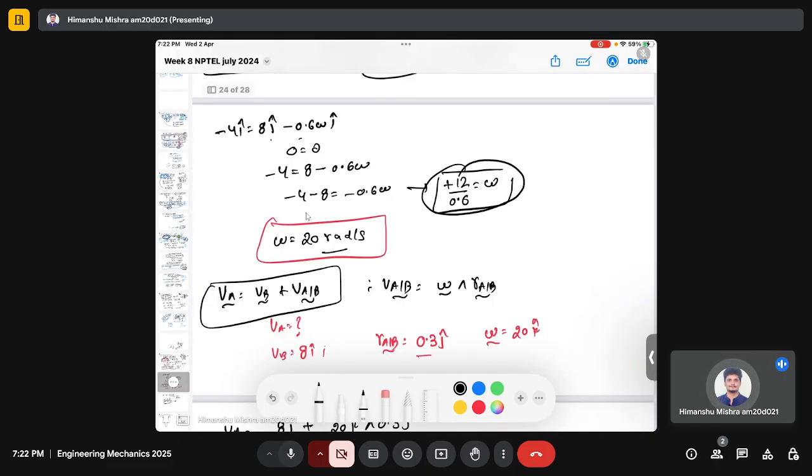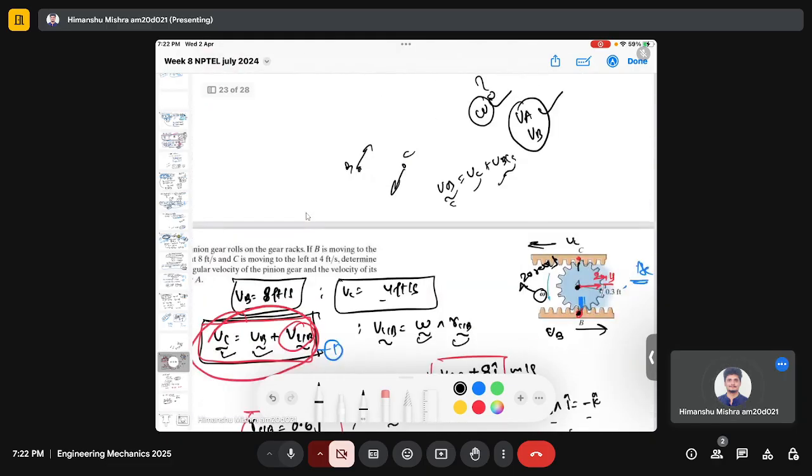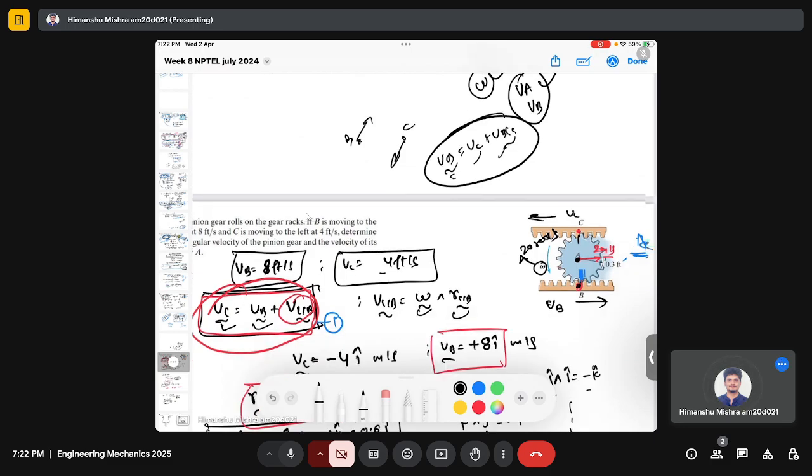Like before in the previous question, we use this formula between point C and point B to find Vb.